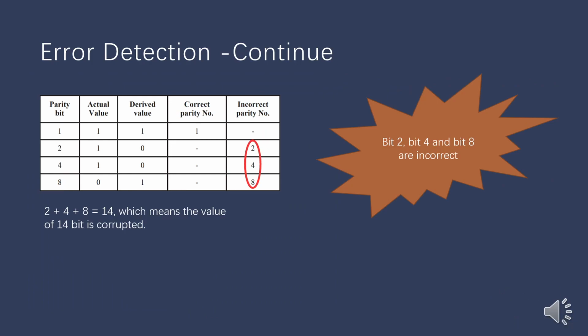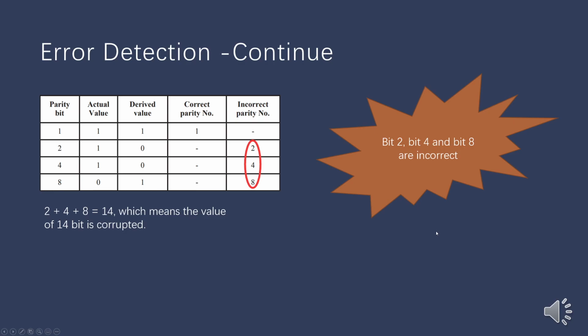Now we find that the value of parity bit 1 matches the value in the received signal, and the values of parity bits 2, 4, and 8 do not match the received signal. Therefore, we can conclude that parity bit 1 is correct and parity bits 2, 4, and 8 are incorrect.